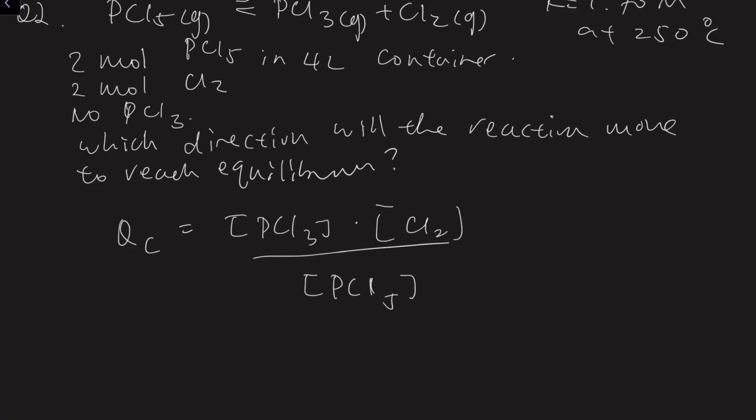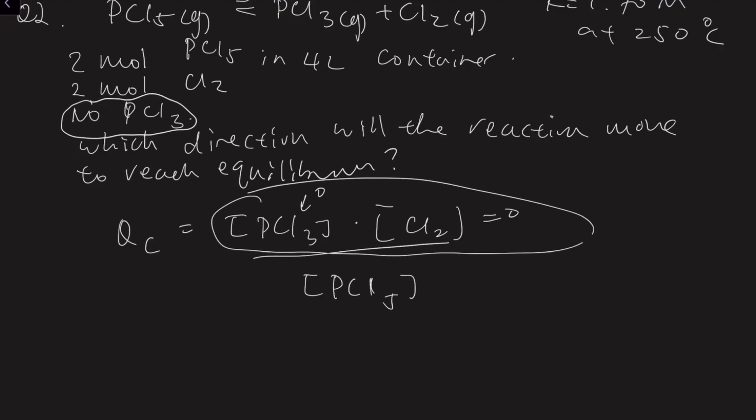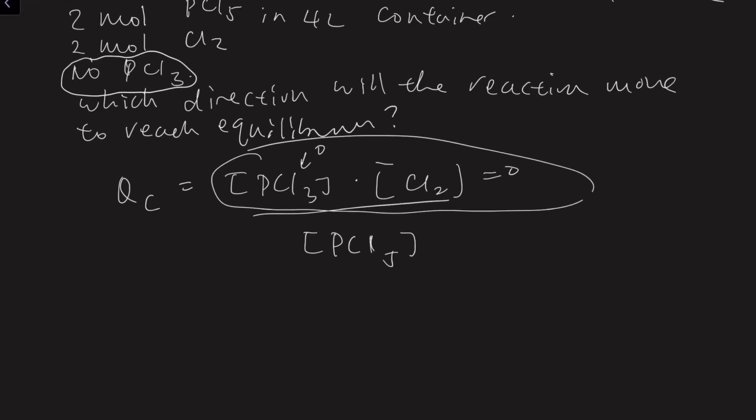And now the very important piece of information is we do not have any PCl3. So this is 0. 0 times anything is equal to 0. So the numerator is equal to 0. 0 divided by anything except 0, and we know that the PCl5 is not 0, is also equal to 0.